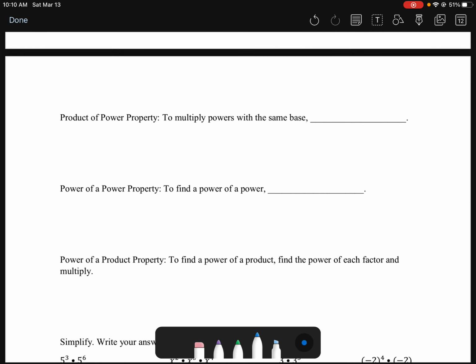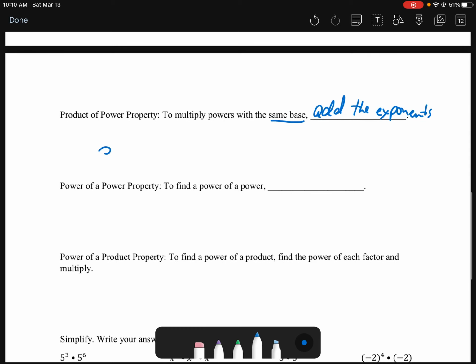So, taking our powers, writing them in words. The product of a power property: to multiply powers with the same base, you're going to add the exponents. So for example, if I had a to the b times a to the c, that is the same thing as a to the b plus c.